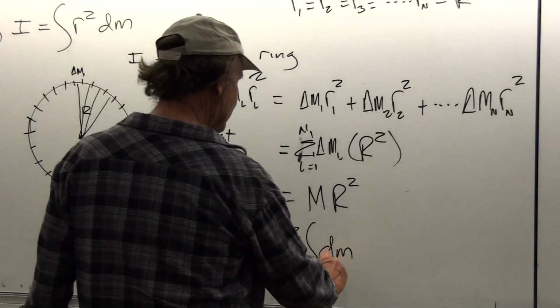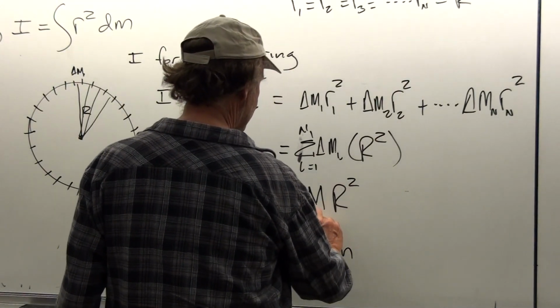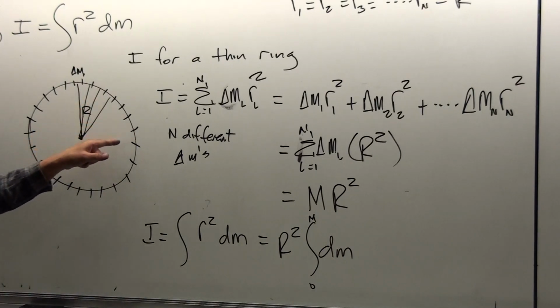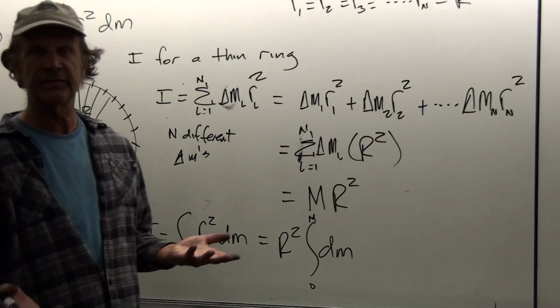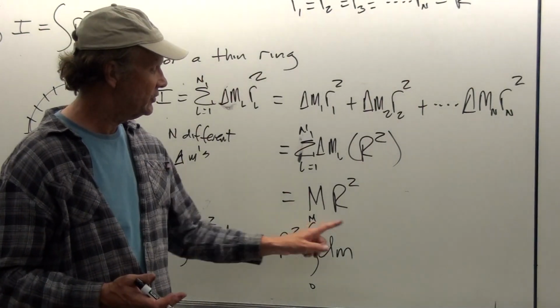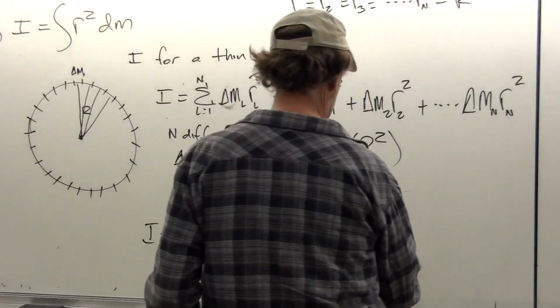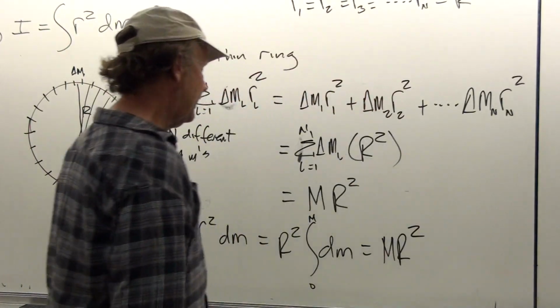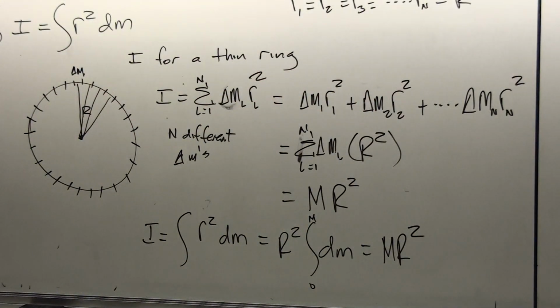Okay, so in this case, we don't have to change our dm variable into something that involves r because the integration is not a function of r. It's basically a trivial integration, which the integral of dm is just m. And so we can write that then as mr squared.